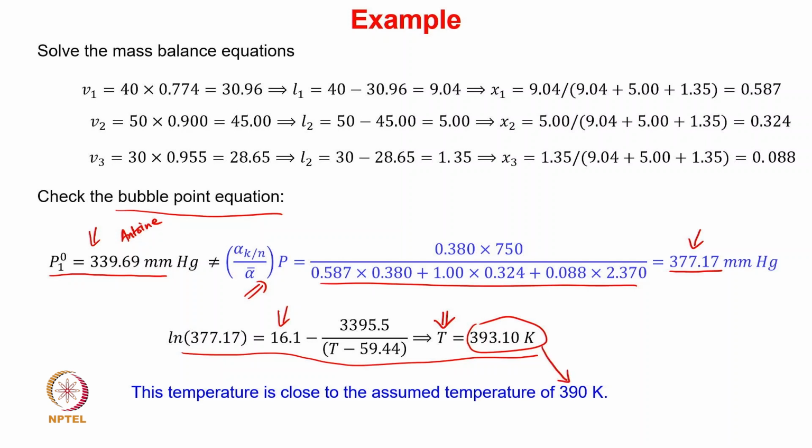So clearly you can see that these are the split fractions we have obtained. These split fractions with respect to vapor are indeed satisfying the equilibrium, because the temperature is more or less matching here. So this is how we have to reconcile the split fraction values with respect to the equilibrium relation.